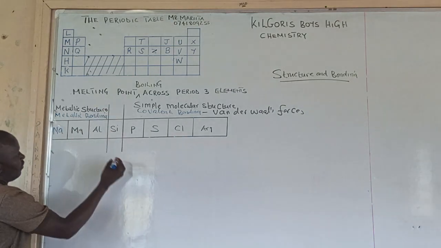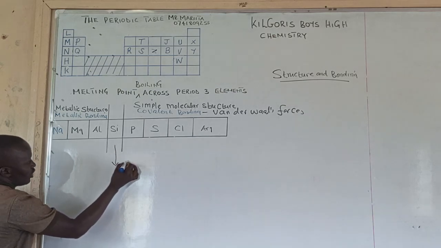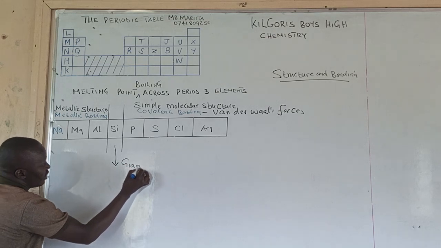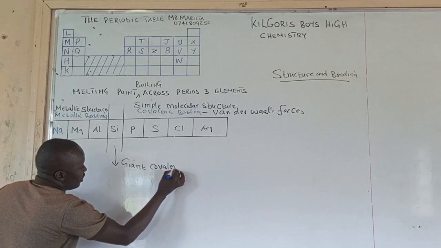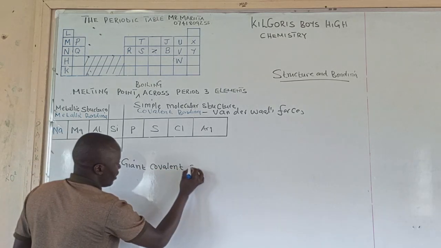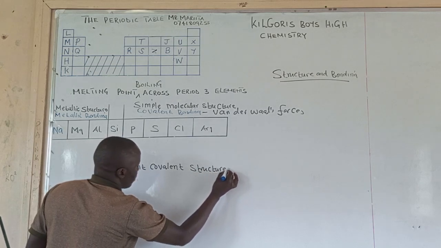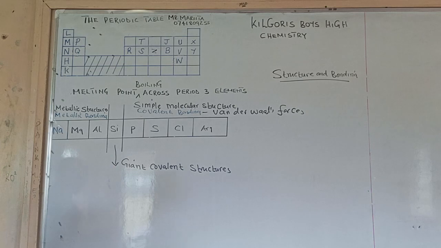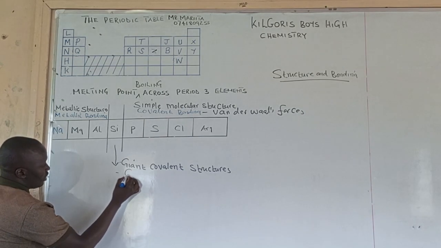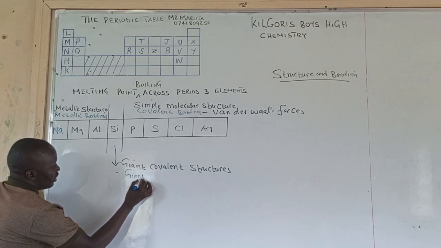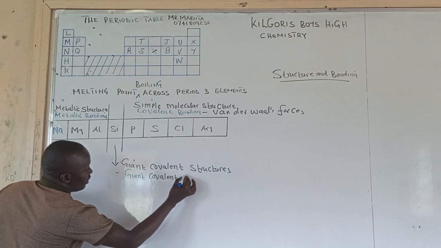When you come to silicon, the type of structure it has is what we call the giant covalent structure, with giant covalent bonding.